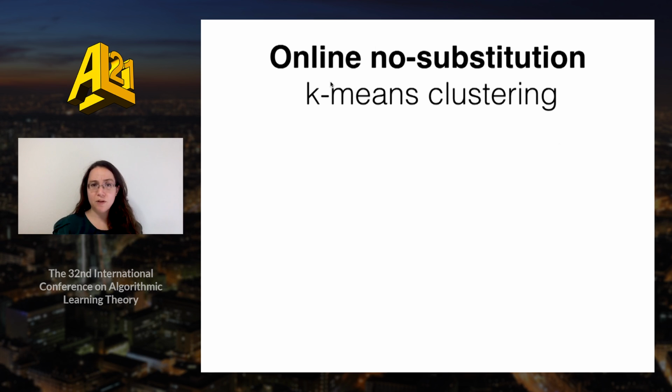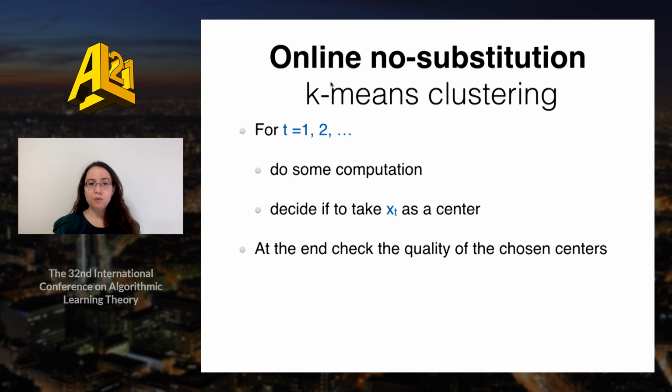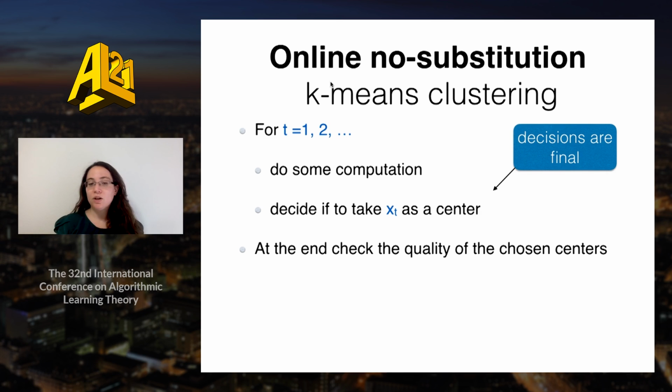So let's formalize it. We are given points one after another. The algorithm is doing some computation, and then it decides whether to take the current point as a center or not. Notice that the decisions are final, and at the end, we check the quality of the chosen centers. So in the story that we had before, the points are the patients, the centers are the patients that got the drug.